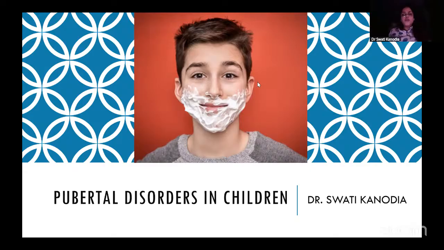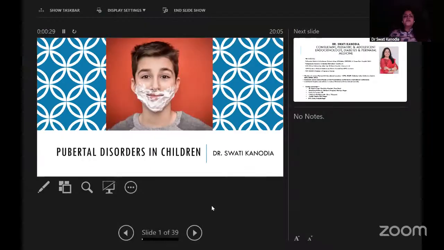Right. So today we'll be talking about the pubertal disorders in children. What I want to speak about is what are the common things that we need to know about puberty? What is early puberty? When does it start? When do we call it early puberty? What are the different causes which can cause early puberty?